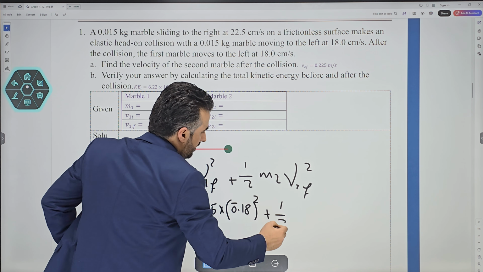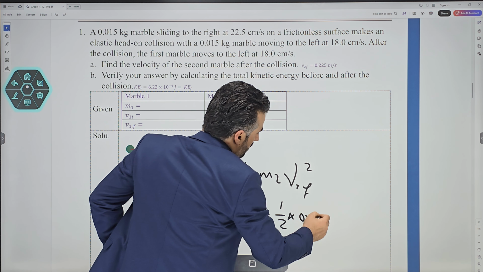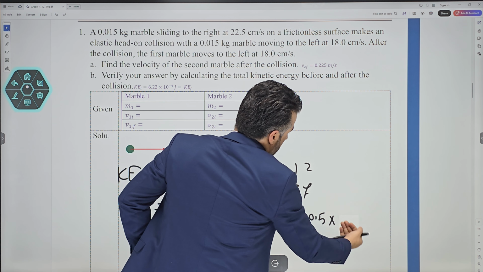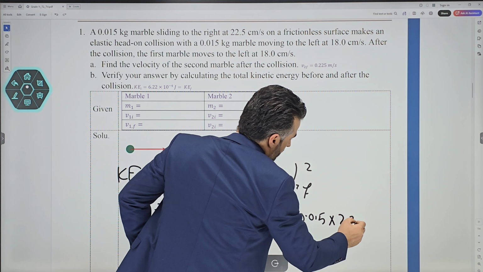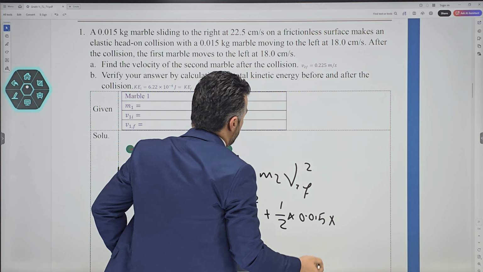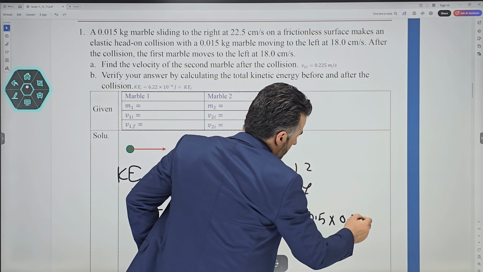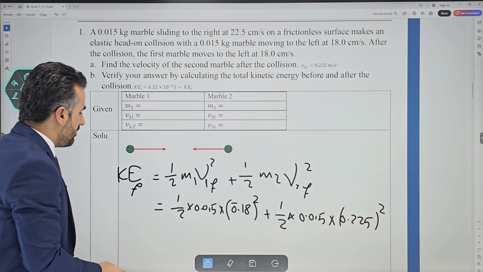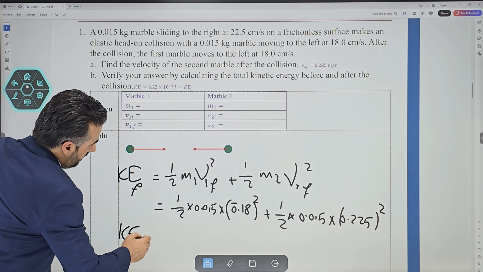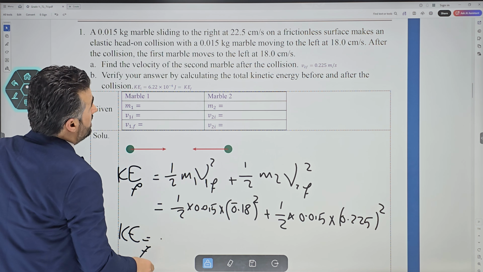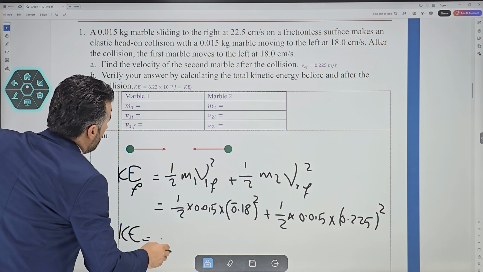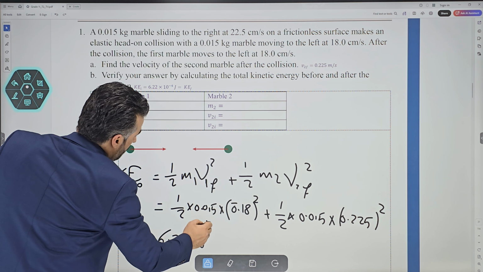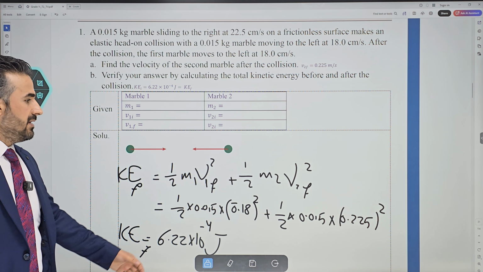Plus 1/2 mass 2, 0.015, times velocity, which is positive 0.225, squared. Once you do the math, of course, you'll get kinetic energy final, which is going to be exactly the same as kinetic energy initial, and that is going to be 6.22 times 10 to the power -4 joules. This is how you can do that.